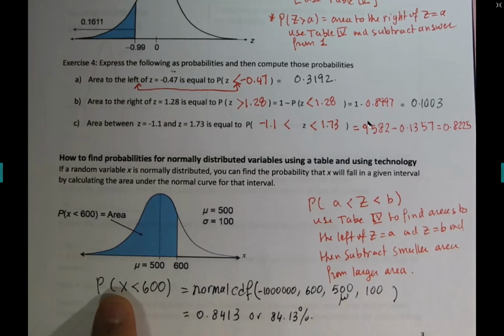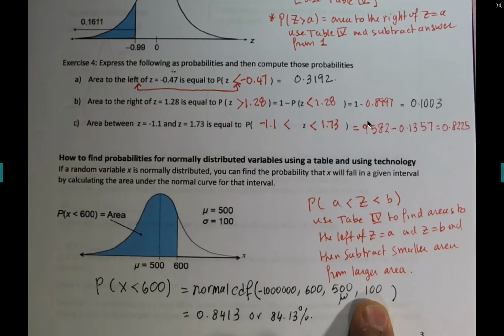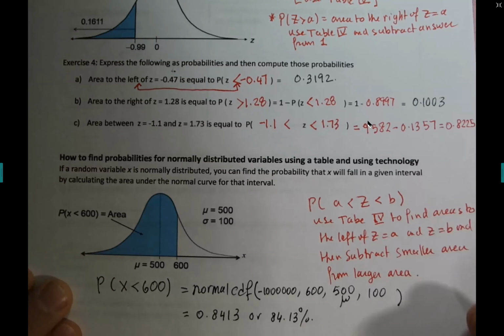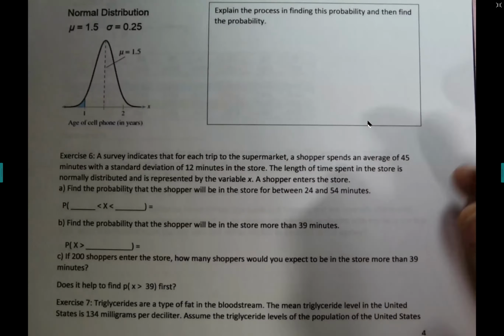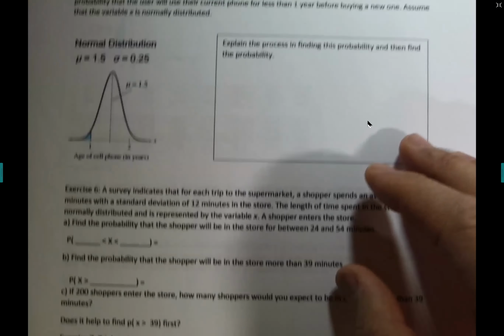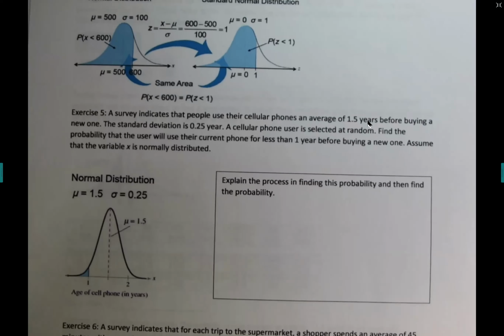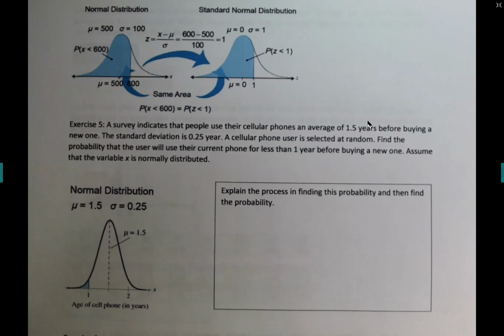When it is X, you must have the actual mean and the actual standard deviation. That's the difference between X and Z. I did show you the work, how to convert it to a Z-score, but you don't need to convert it to a Z-score. You can just use technology.